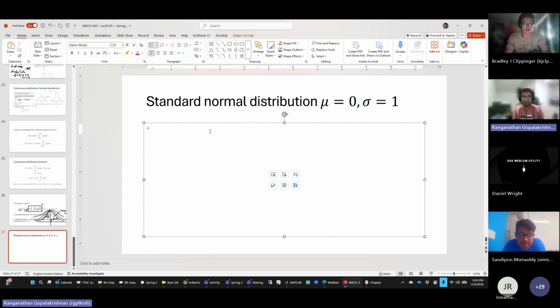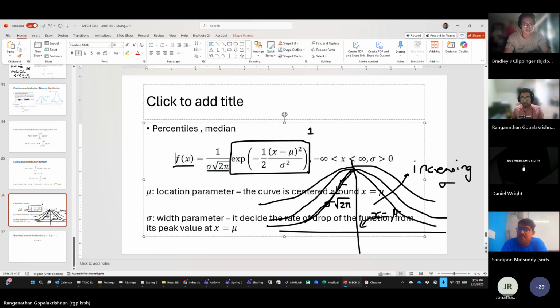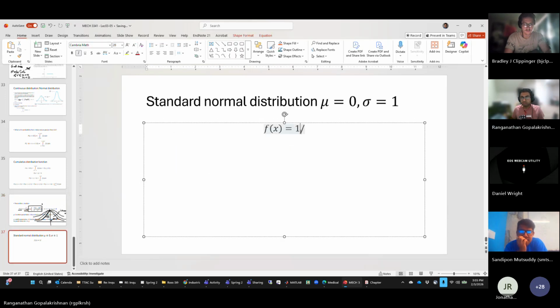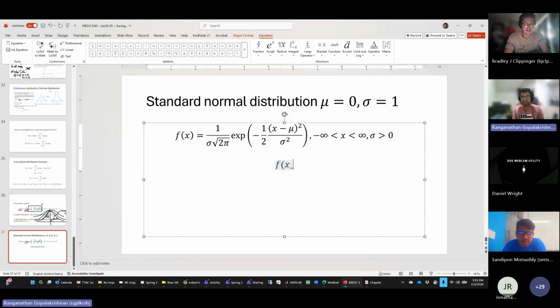That is, I want to consider f of x equal to 1 over... So if this is f of x, I'm going to write f of x is now equal to 1 over square root of 2 pi times exponent of minus x squared over 2.